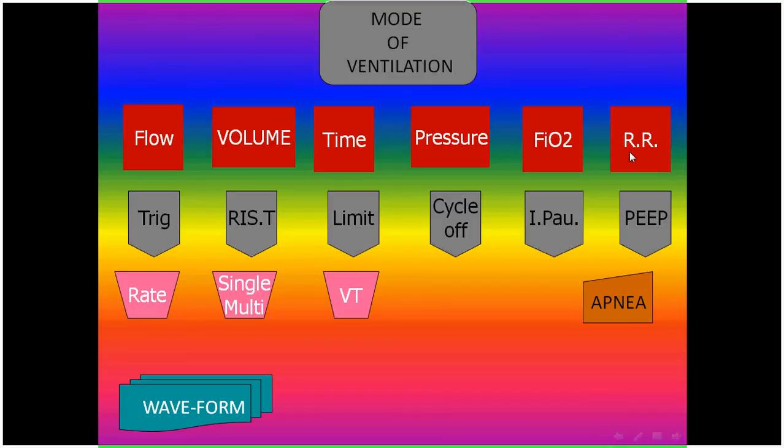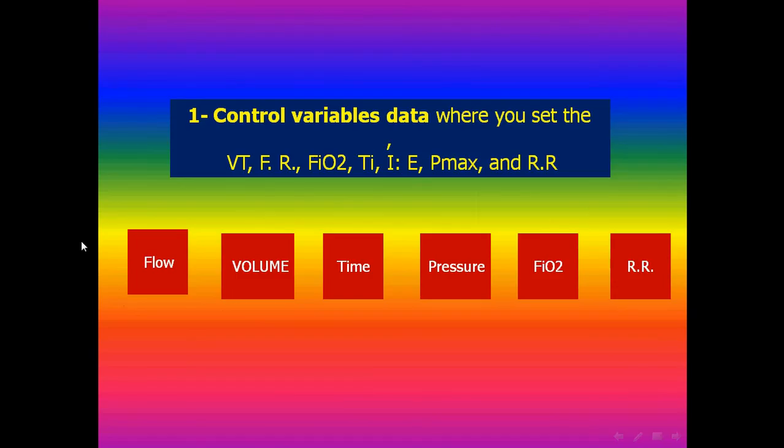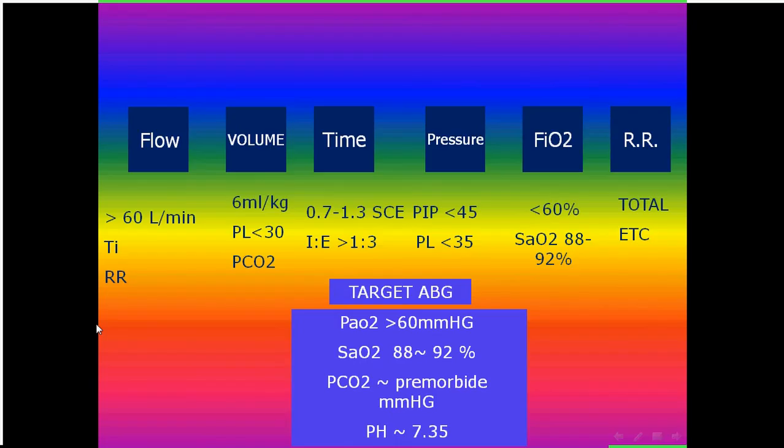This is the respiratory rate. This is the most important one, apart from the phase variables. This is the control variable I have mentioned before, the character of the breath delivered to the patient, and we are going to discuss it.